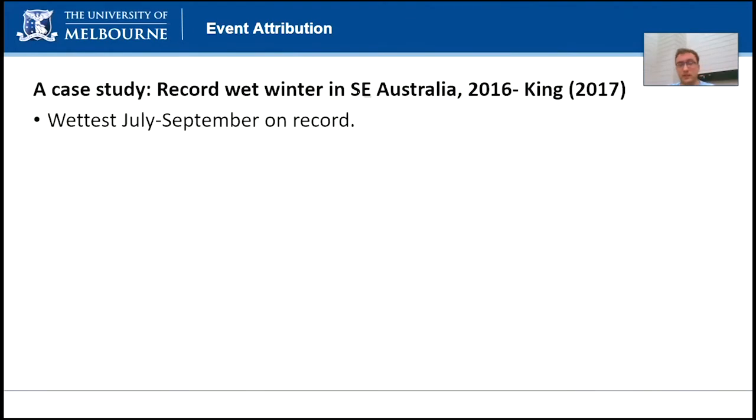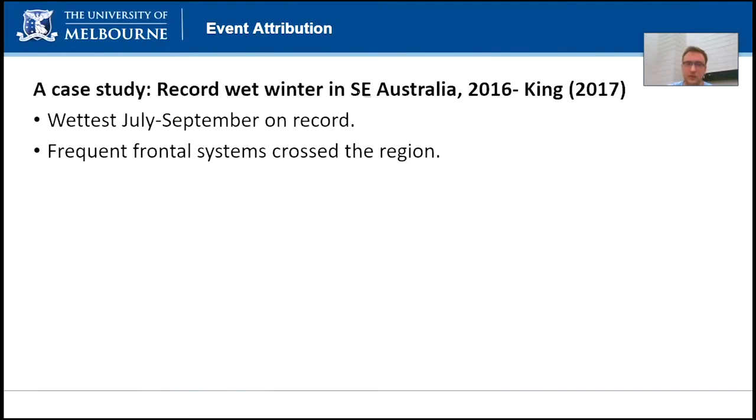So for this event, it was an extreme event. It was the wettest July to September on record. So that's how I'm defining winter in this. In this event in 2016, if you were in Melbourne or Canberra, or Hobart, you probably remember this winter because it was very wet.